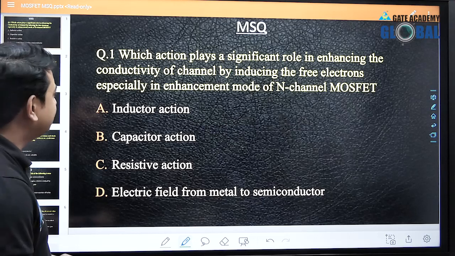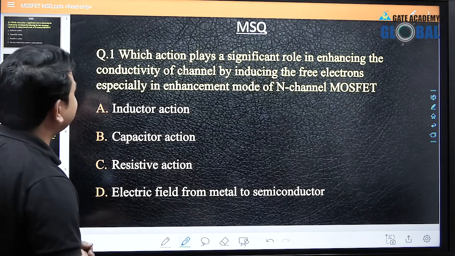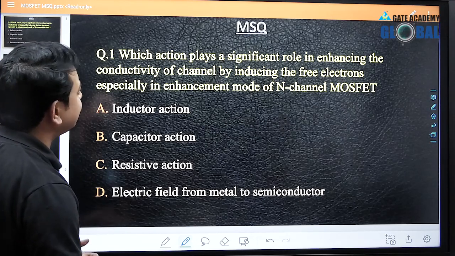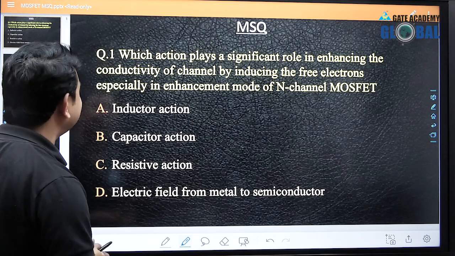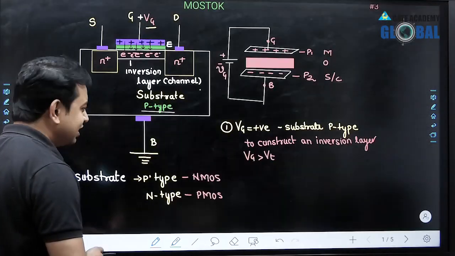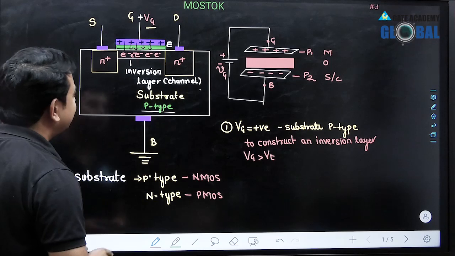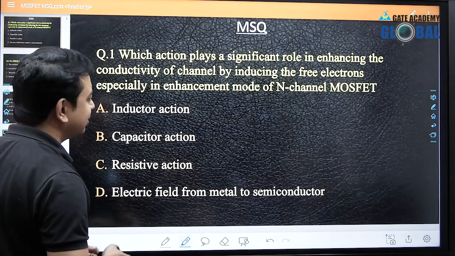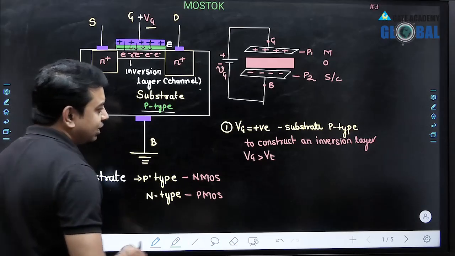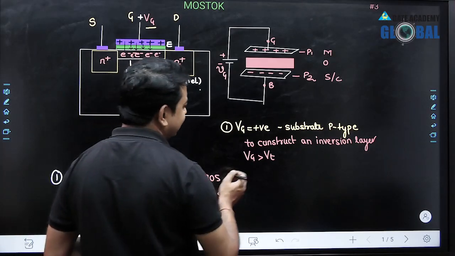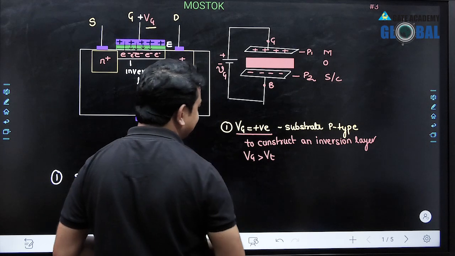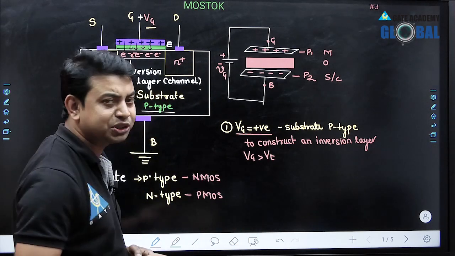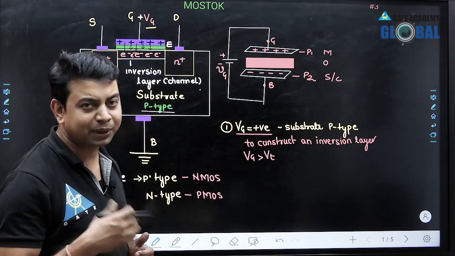So we have observed that the question is which action plays a significant role in enhancing the conductivity? Enhancing means increasing. So if you want to increase the conductivity, then we have to apply some voltage. Conductivity can only be increased in case of MOS by applying some voltage.